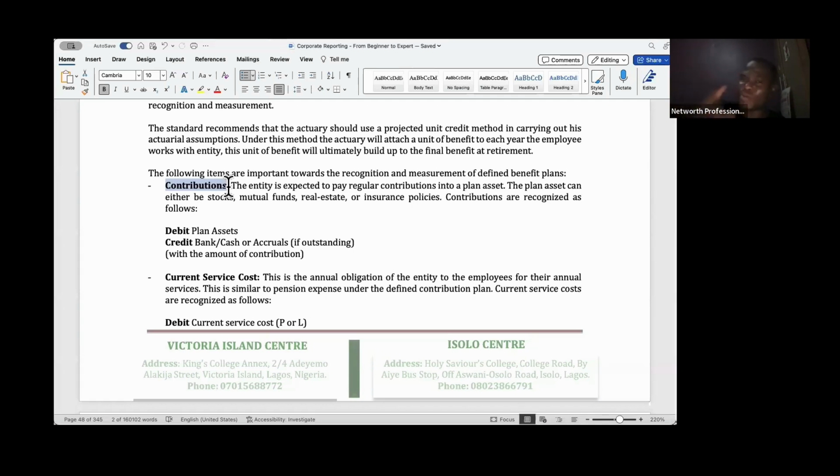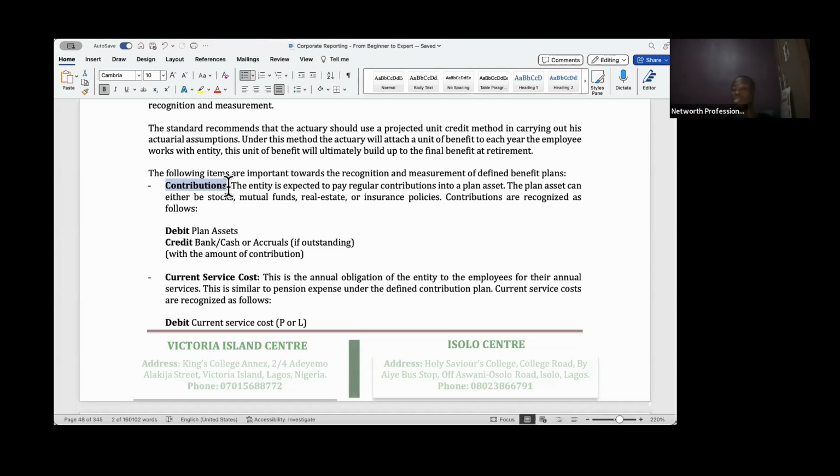But because of the typical nature of a defined benefit plan, whereby the employer has committed himself to specifying a certain amount of benefit to you at retirement, he has to ensure that it meets up. So they always manage that money themselves. They create a plan asset, usually an insurance policy, real estate, a mutual fund, or stocks, where they will be contributing the money.